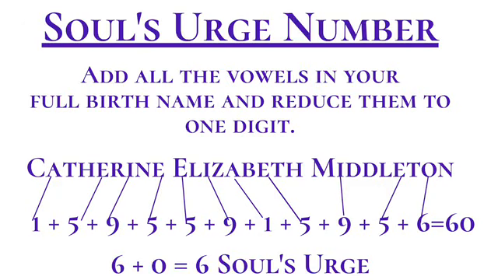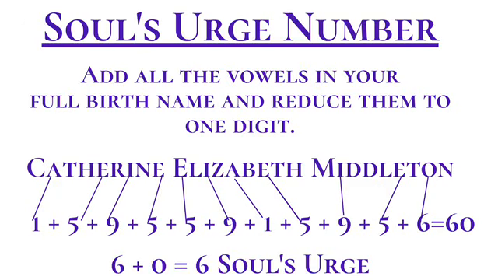And then I did that for all of the vowels in her full name, and then I just added all of those numbers together, and that gave me a 60. And then 60 reduces to number 6, because remember, we're just trying to break these numbers down until we get a single digit. So in this situation, Kate's soul's urge number is a number 6.